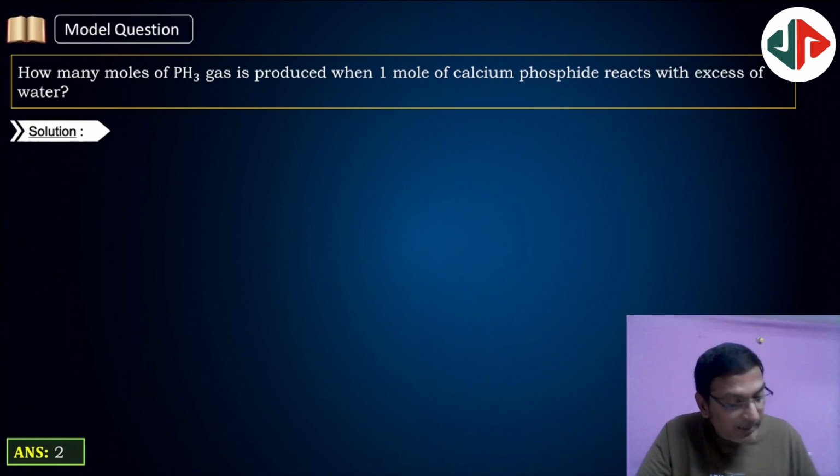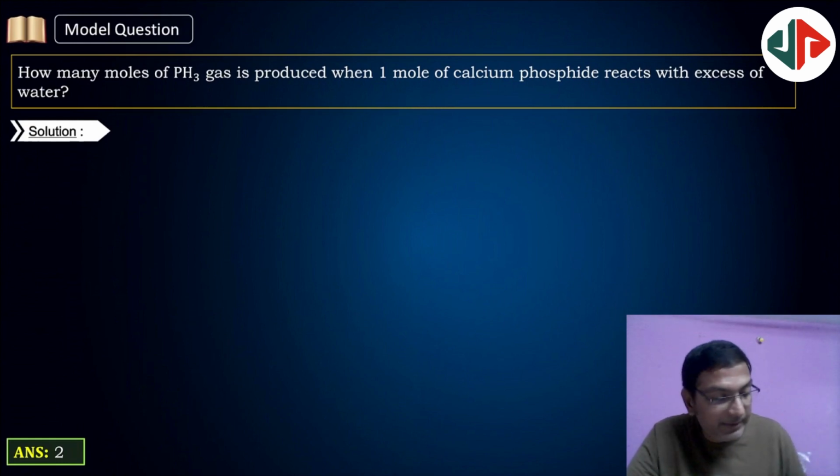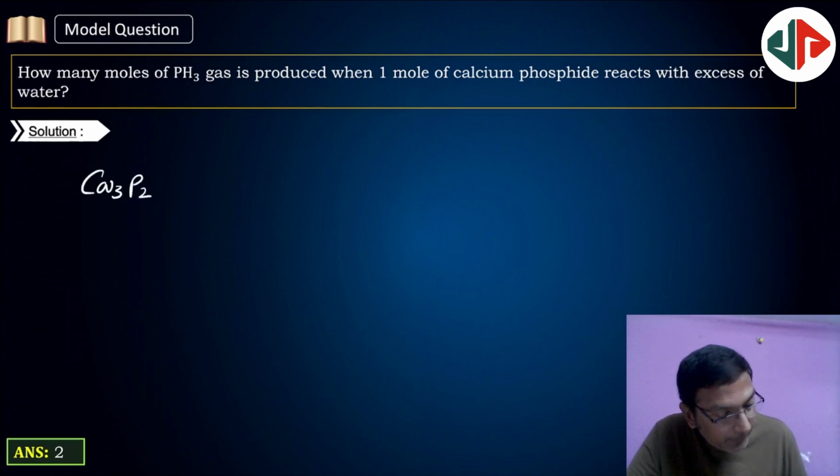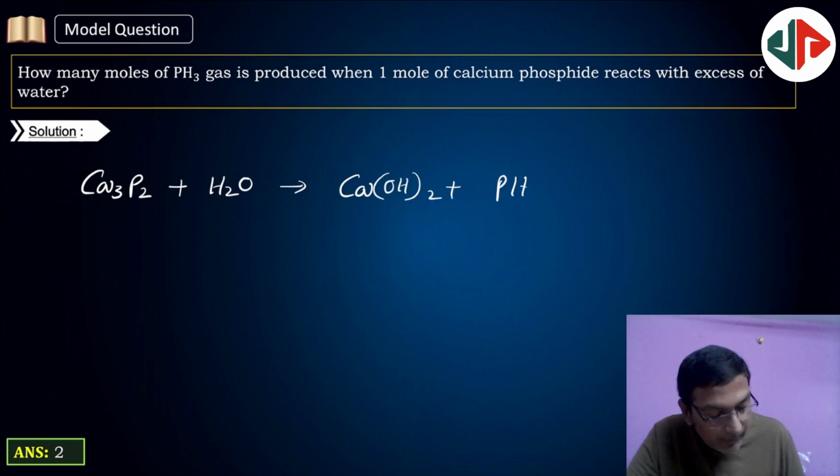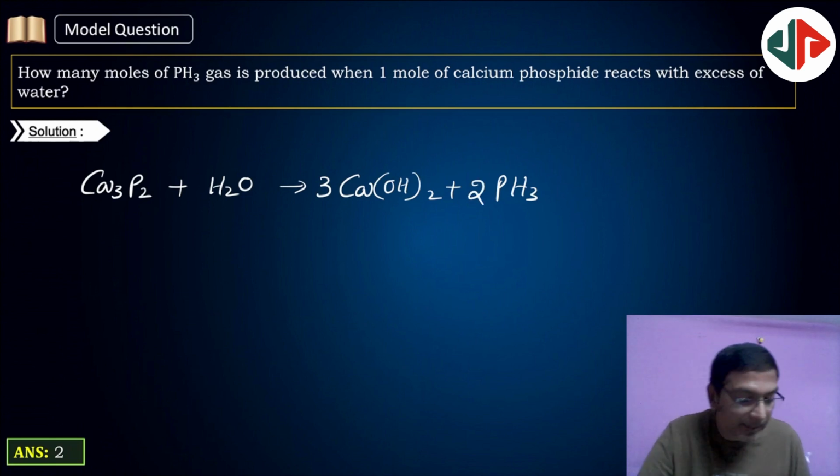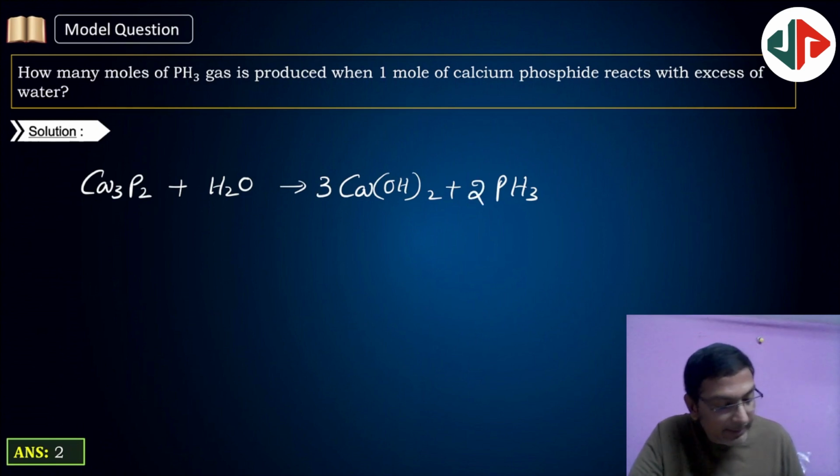So how many moles of PH3 gas are produced when 1 mole of calcium phosphide reacts with excess of water? Calcium phosphide Ca3P2 plus H2O gives Ca(OH)2 plus PH3. Here 3 moles and here 2 moles. Total number of hydrogens 6 plus 6, 12.